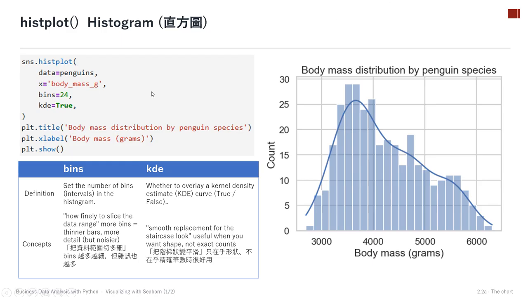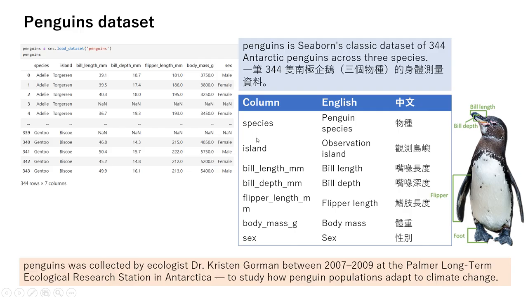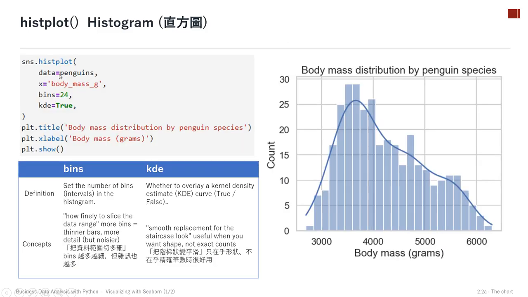We can set up the histplot, and the first thing is what our data set is, and what our x is. Which variable we wanna use. So we wanna use body mass g. We can go to here to check that body mass g is the body mass, the weight of the penguins. So we will depend on this, and the bins is 24.